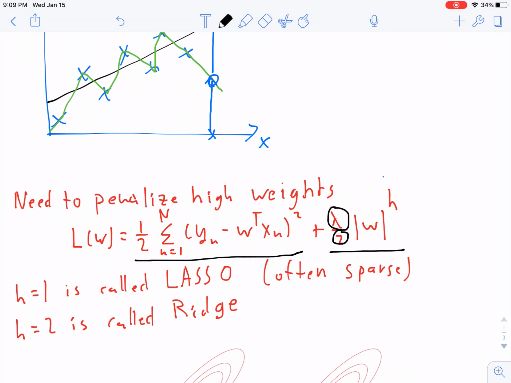And then we take the magnitude of the weights, and we can either just take the magnitude of them, and this is called lasso regression, or we can take the sum of the square of the weights, which is called ridge regression. Those are both valid ways to do regularization, and they'll end up with different sorts of results, which we'll discuss in a little bit. There are lots of other ways to do it.